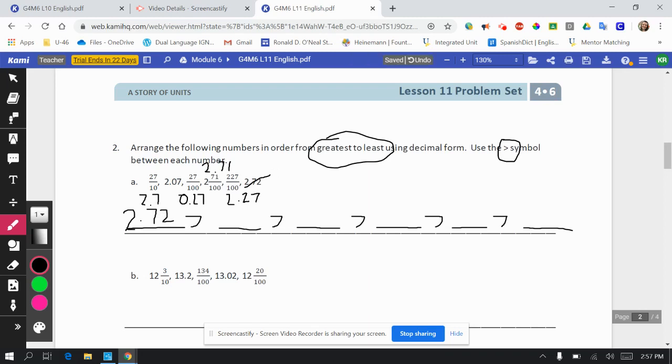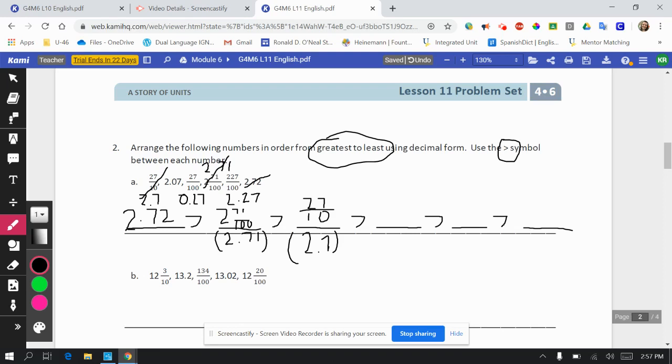What would be the next? So now I'm looking to go smaller and smaller. 2.71 would be next. Now that's the decimal form, and the form it's written up above is 2 71 hundredths. Cross that out. Then we have 27 tenths. In parentheses down below, then I'm adding the decimal form if it's not already in that standard decimal form.